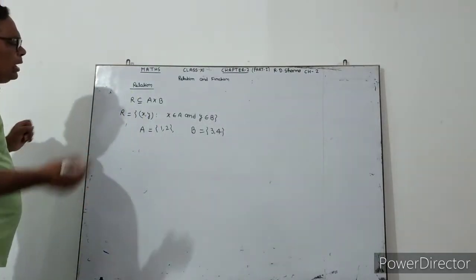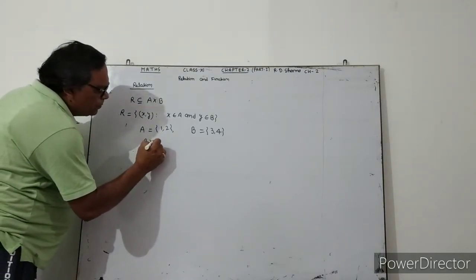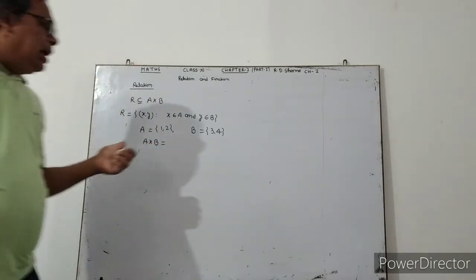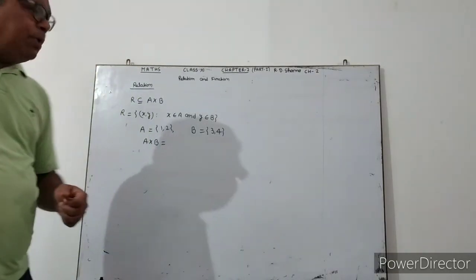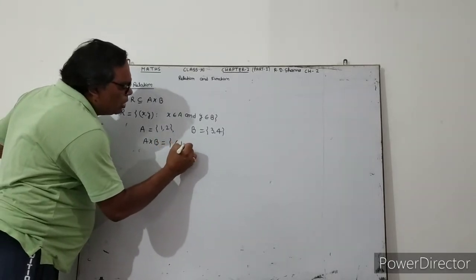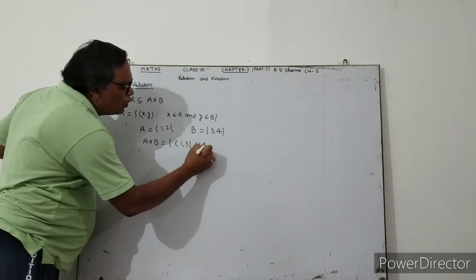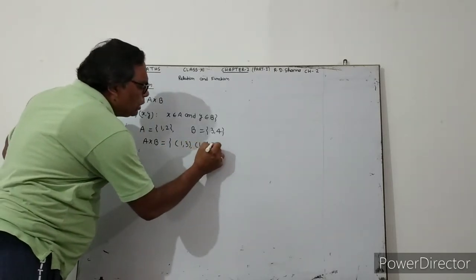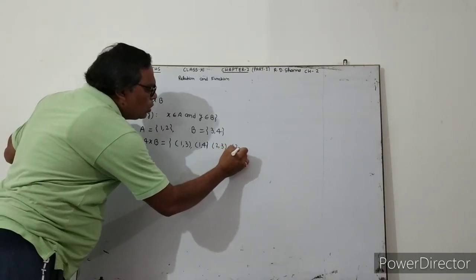Now A cross B. एक कार्टेशियन प्रोडक्ट में कई रिलेशन हो सकते हैं। There are many relations in one Cartesian product. Now A cross B is (1, 3), (1, 4), (2, 3) and (2, 4).